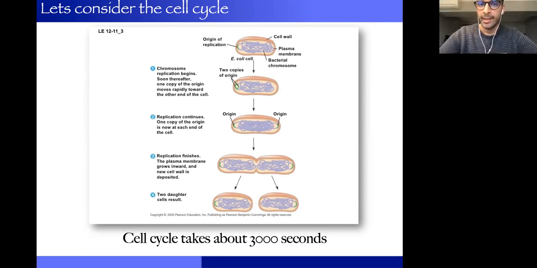So there's a process known as cell division. You take one cell and you generate 2 cells from it. It's a horribly complicated process. Don't ask me how it happens. I don't understand it myself.